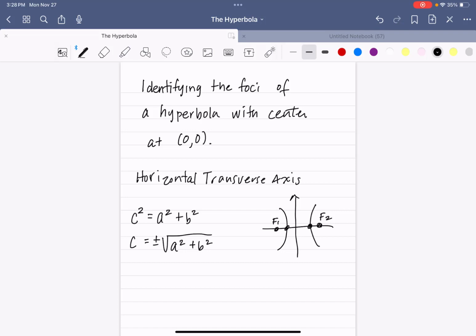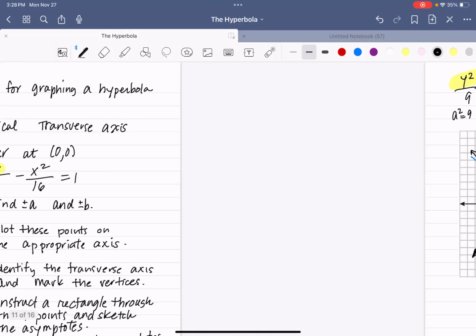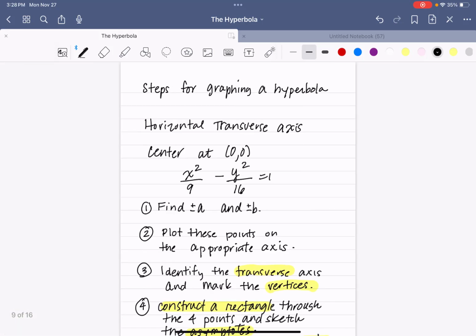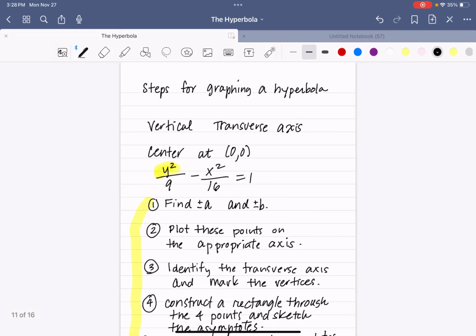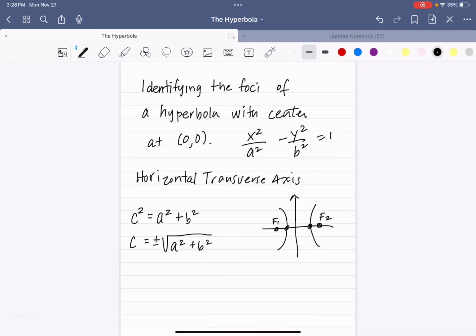So for the one that had the horizontal transverse axis, so that one was this one, right? Horizontal transverse axis, x squared over 9 minus y squared over 16 equals 1.